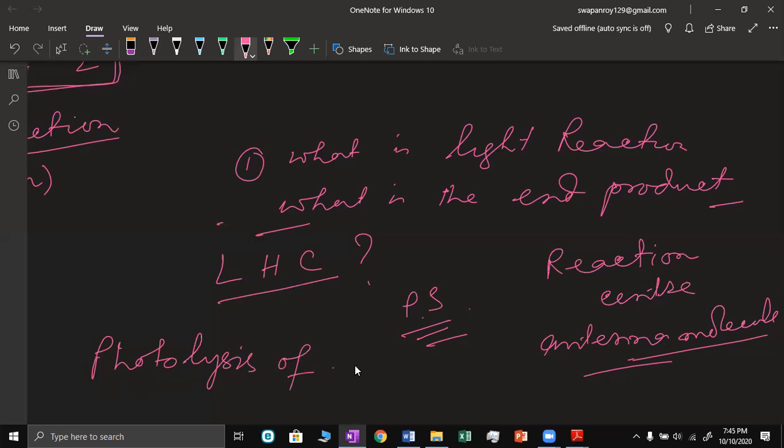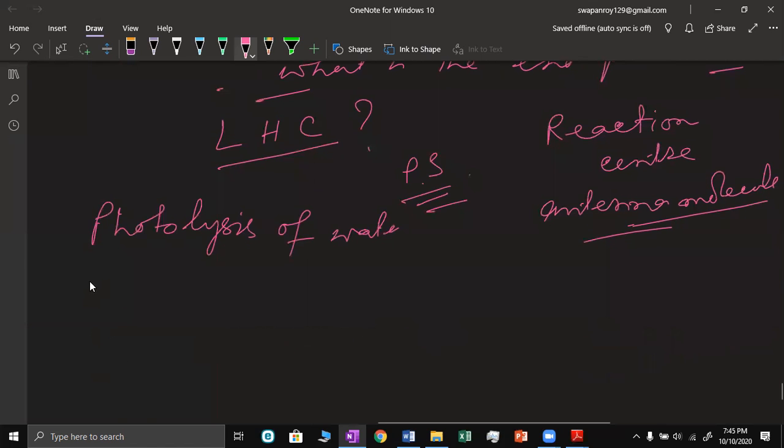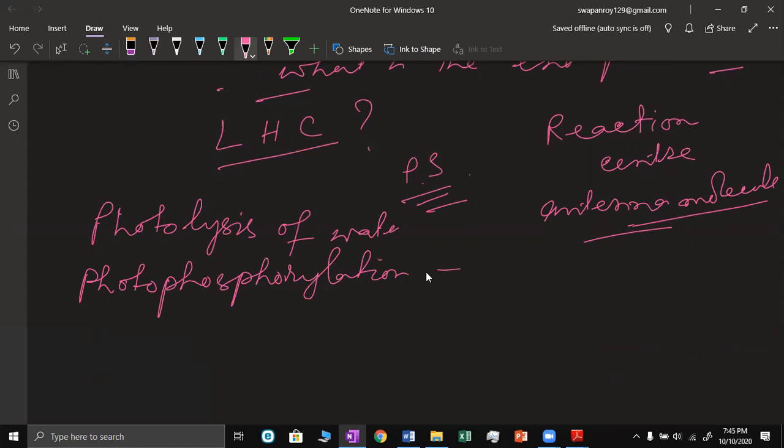Then an important question is, what is photophosphorylation? And within this, cyclic and non-cyclic photophosphorylation.